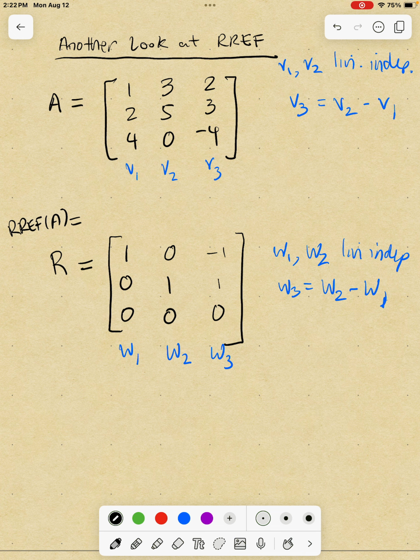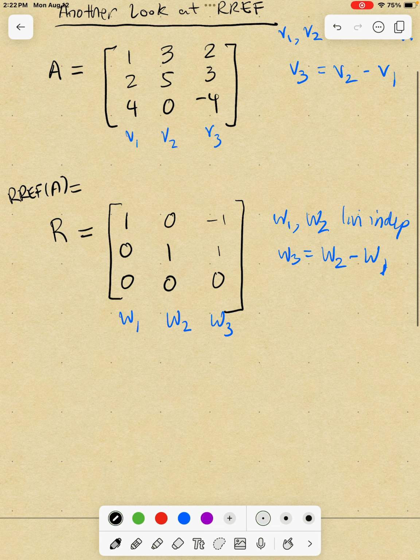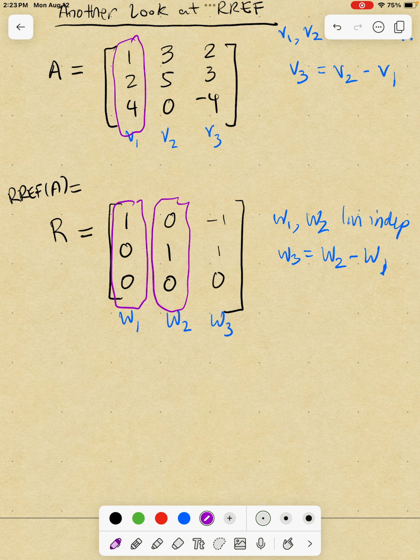So you see, we now have another way of looking at the reduced row echelon form. Whenever you have linearly independent columns in A, those will give you the pivot columns in the reduced row echelon form. So here are your pivot columns: the 1, 0, 0 corresponds to this being linearly independent, and the 0, 1, 0 being linearly independent.